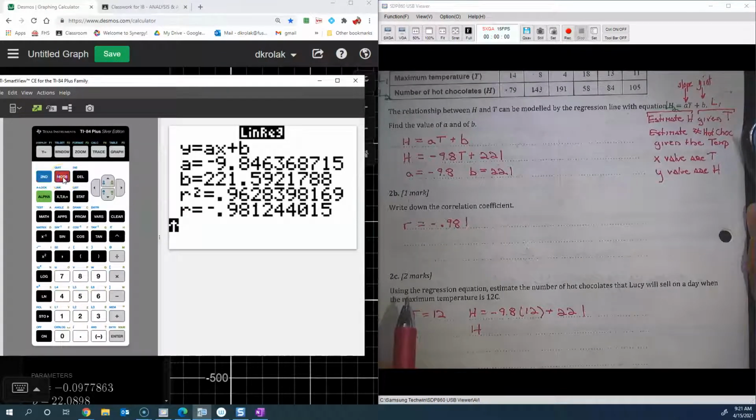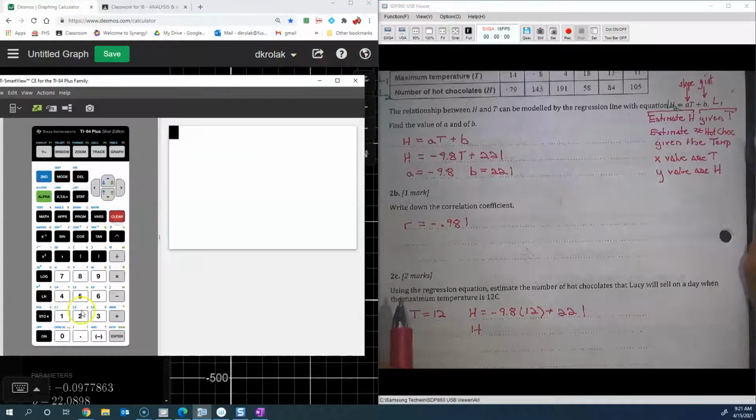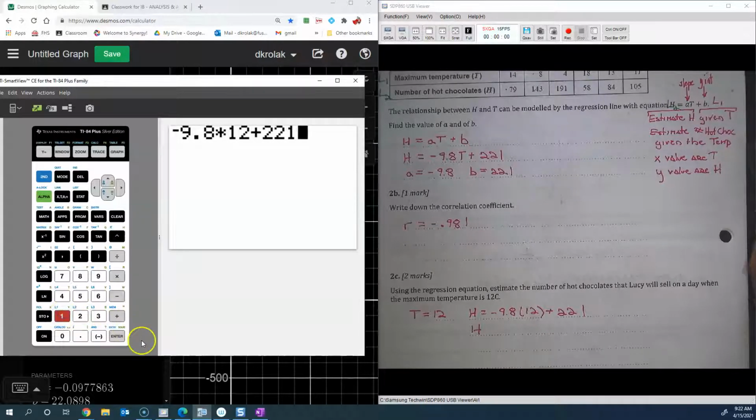So, second quit, negative 9.8 times 12 plus 221.